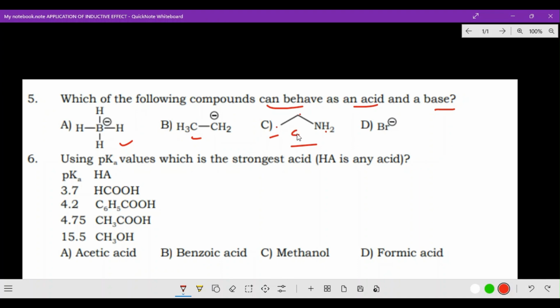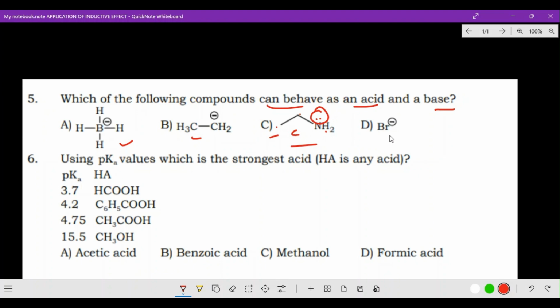So this is amphoteric in nature, because nitrogen has a lone pair of electrons that it is ready to donate, and the NH2 group is present in it.